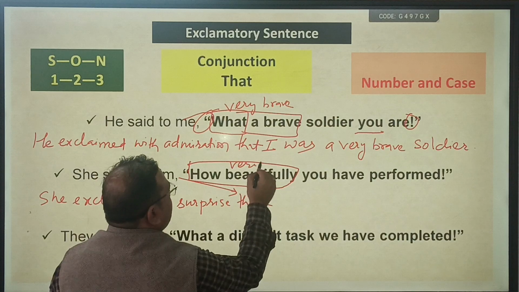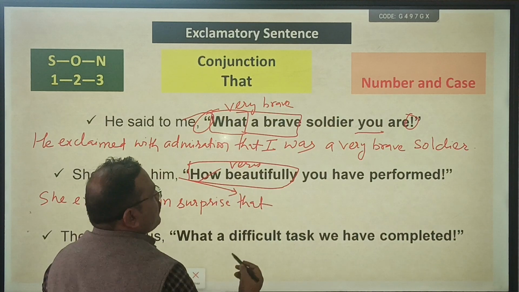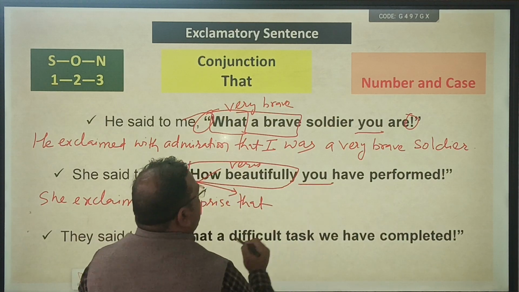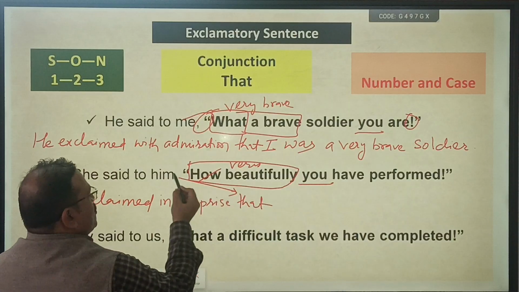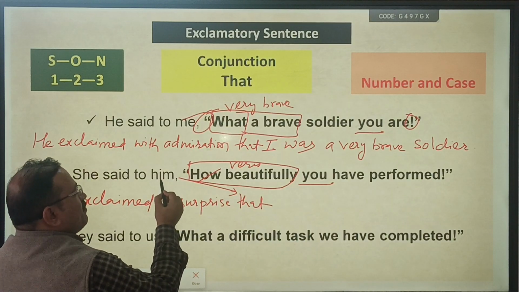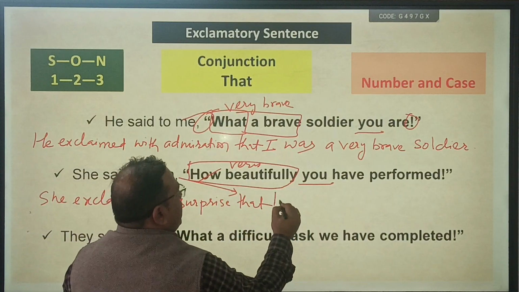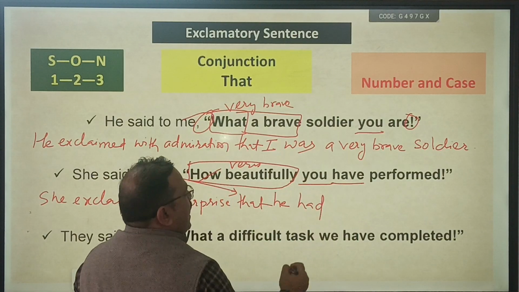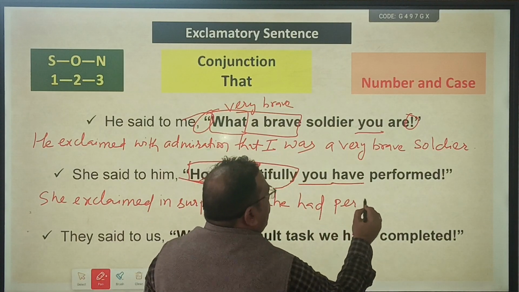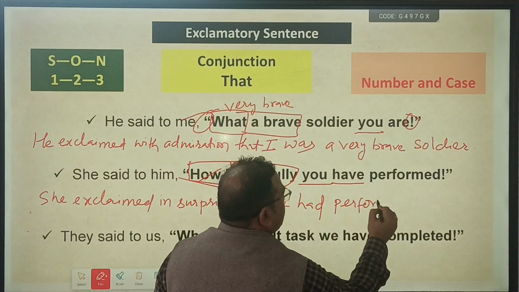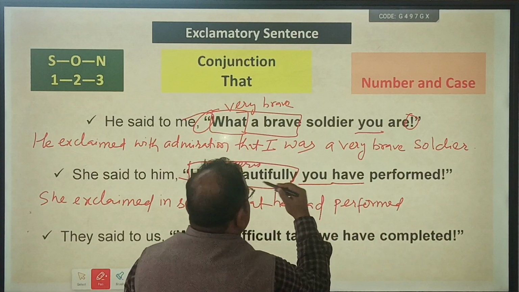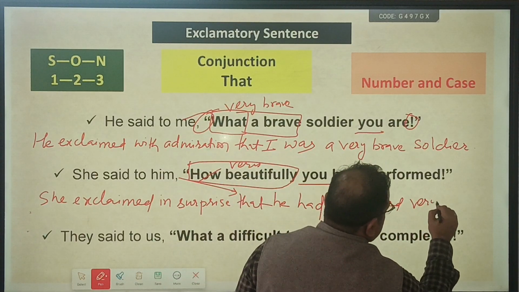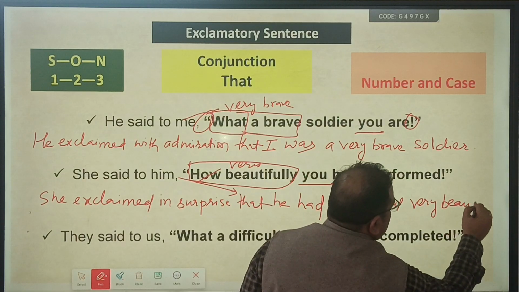Very beautifully. Okay, you have performed. So you will change. You will be changed by him. So he have will change into had. Change the tense. Had performed how? Very beautifully.